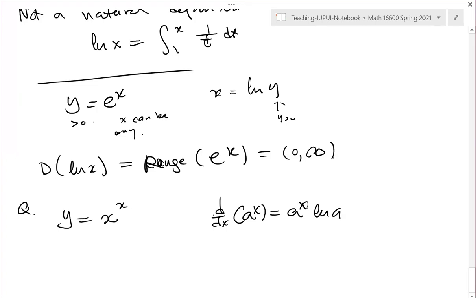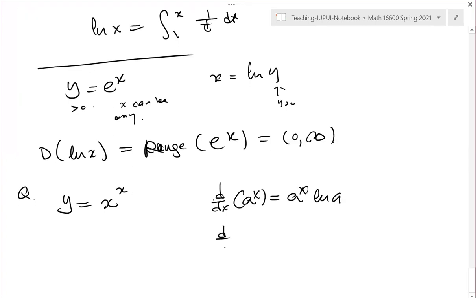We also know that the derivative of x to the a is a times x to the a minus 1. But at least one of them is a fixed constant. Can we use this to find the derivative of y with respect to x?